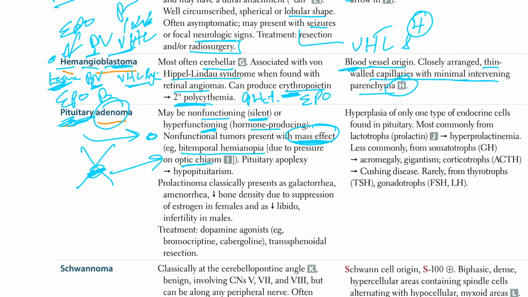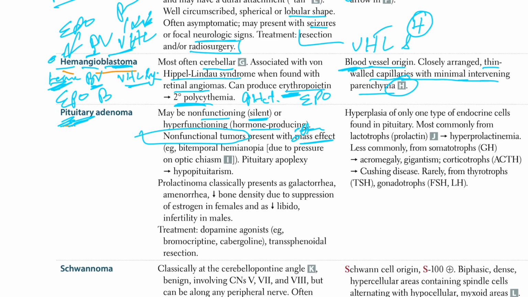Okay. And on top of that, it's also going to cause headache. So headache and mass effect. So that's only with the non-functional tumor. Let's say it's a functional tumor and it secretes, from lactotrophs, a tumor releasing prolactin, named prolactinoma.